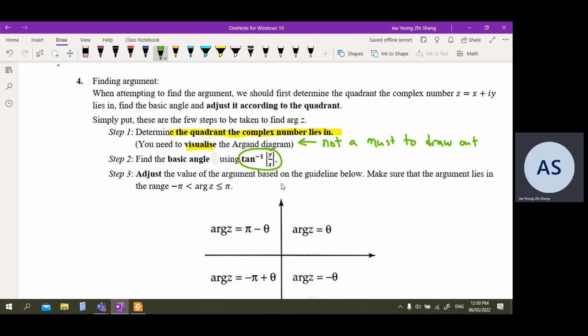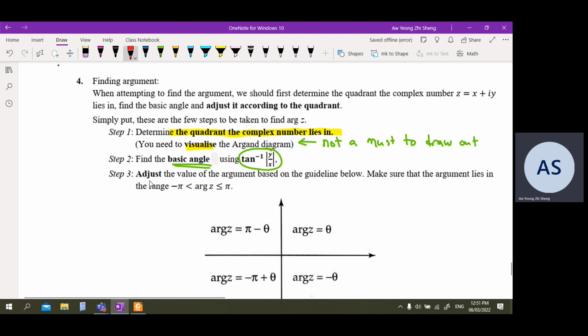Later on page 14, we'll go through several examples on how to find the argument of any given complex number. This basic angle refers to the angle made between the slanted line and the x-axis, just like in our trigo chapter. The basic angle that I'm talking about here is the basic angle that I usually talk about in the trigo chapter.